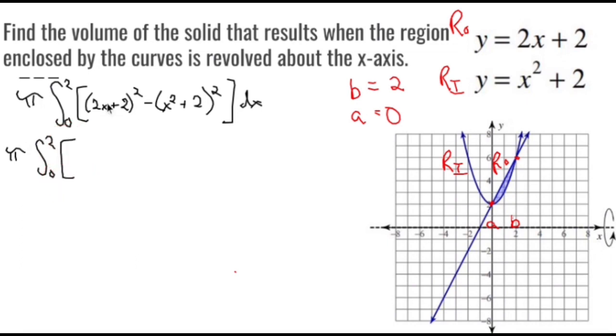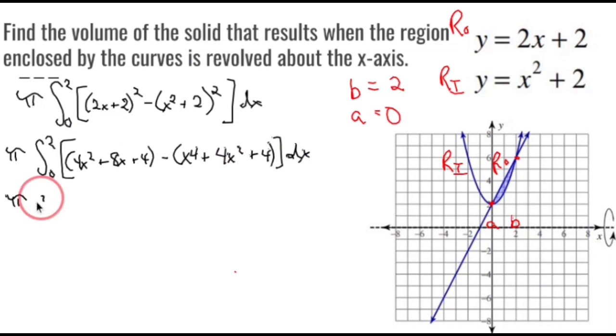Okay, perfect square trinomial. So this part becomes 4x squared plus 8x plus 4, minus another perfect square trinomial, x to the 4th plus 4x squared plus 4, dx. Let's combine like terms.